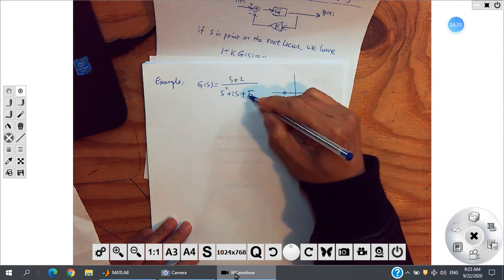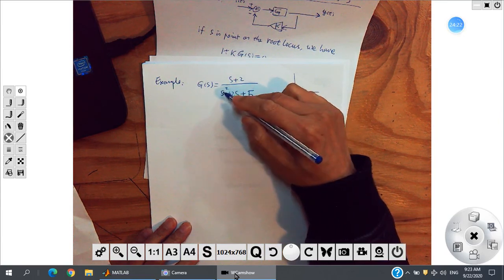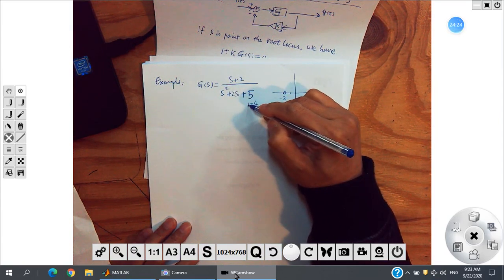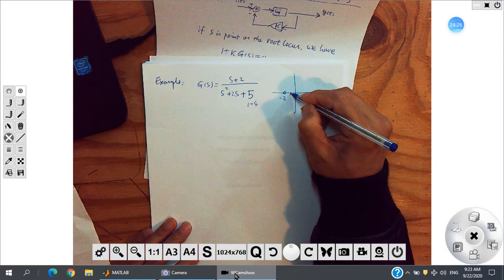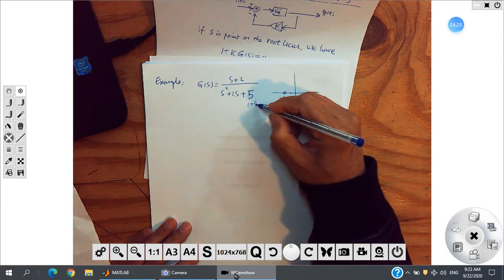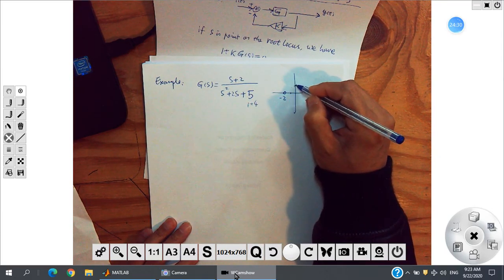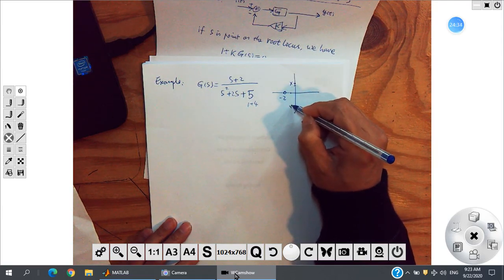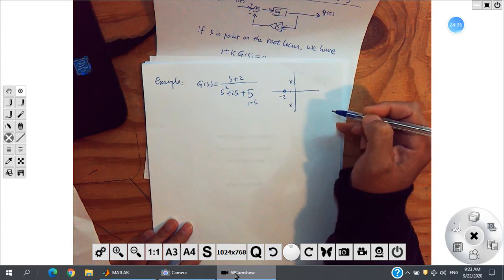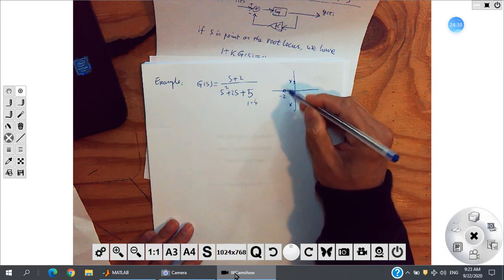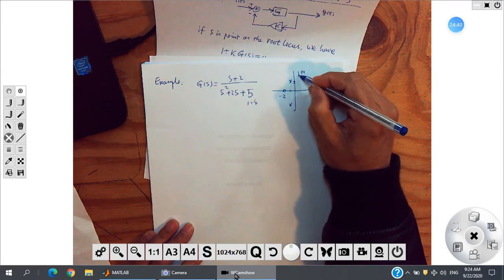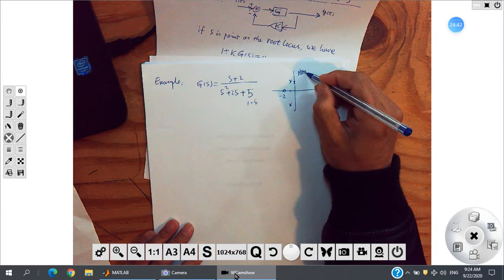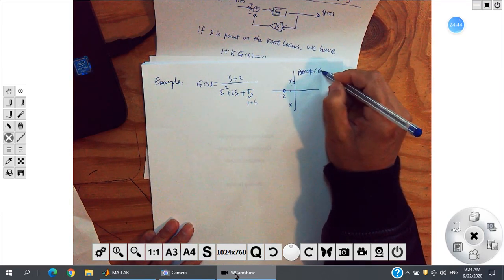This is 1 plus 4. So s squared plus 2s plus 1, according to that negative 1, and 4 is 2 squared. So 1 cross here, 1 cross here. This is G of s, the PZ map.